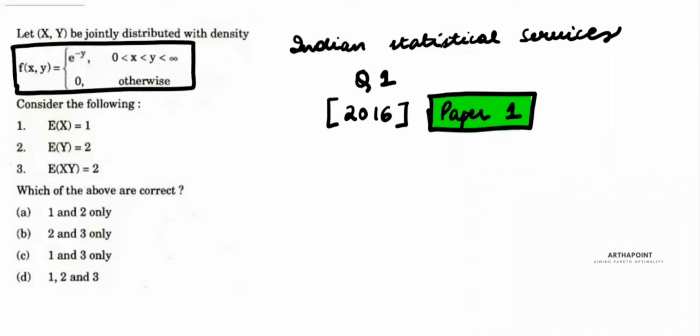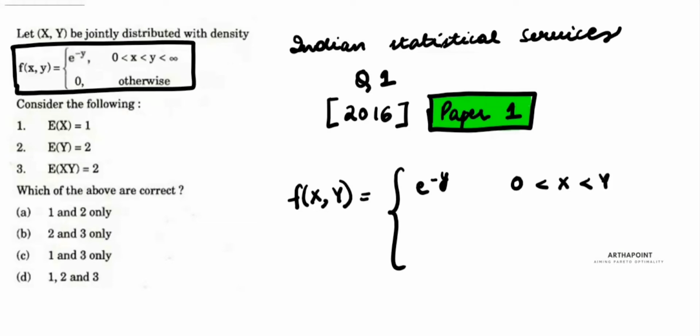The function is f of x, y equal to e to the power minus y. This is a joint distribution, and you have x between 0 and infinity and y between x and infinity, and it is 0 otherwise.